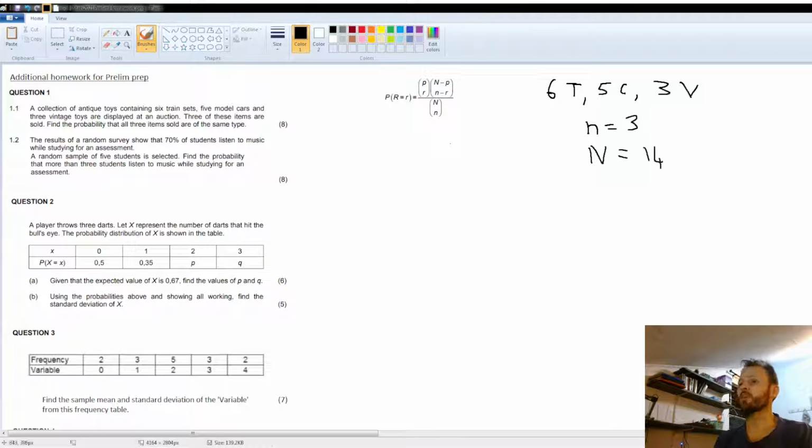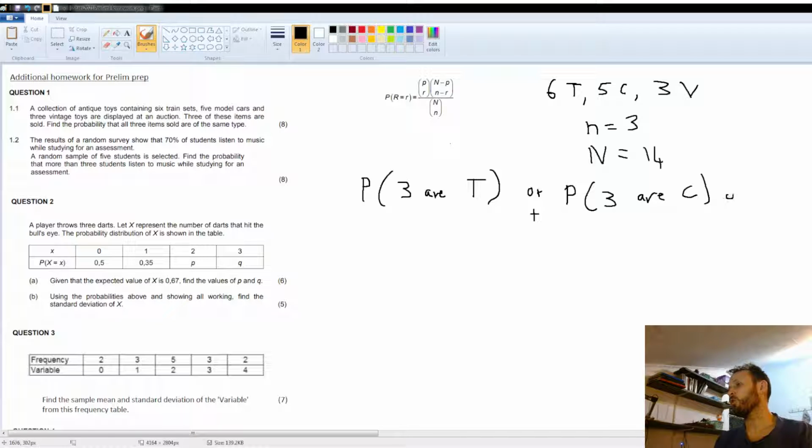That's the idea. So what are we going to do? We're going to take the probability that all 3 are train sets, or, and because it's mutually exclusive, that or turns into a plus, the probability that all 3 are model cars, or, and this also turns into a plus because of mutual exclusivity, the probability that all 3 are vintage toys.